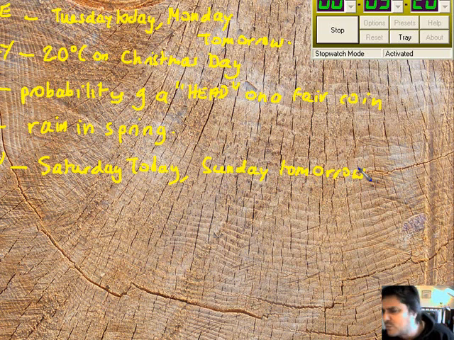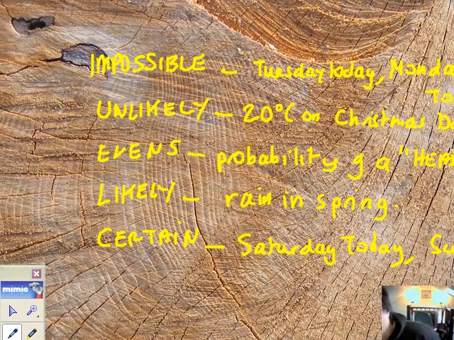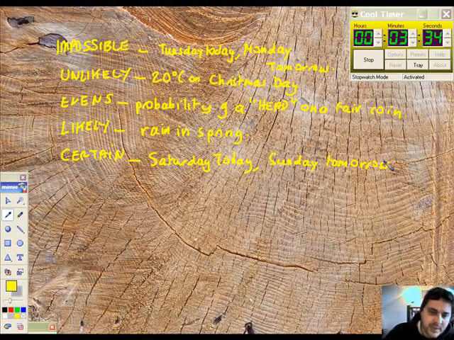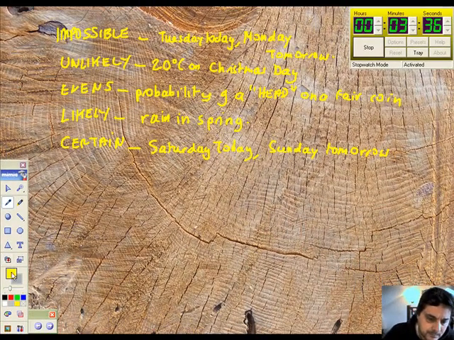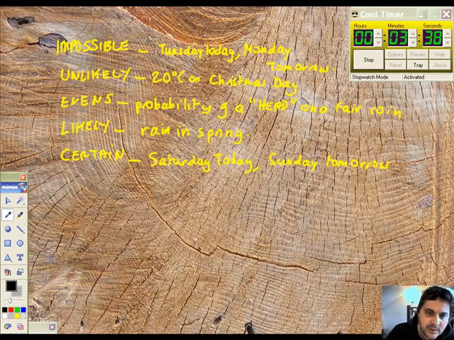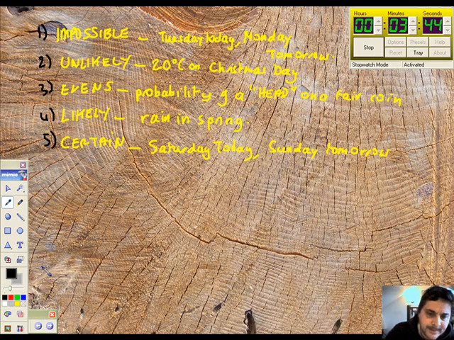So if it's Saturday today, what's the probability it should be Sunday tomorrow? It's definitely going to happen. It's certain. There's others we could use, but at this level, let's just get used to the words: impossible, unlikely, evens, likely, and certain. So let's label each one of these. 1, 2, 3, 4, 5 words for you to learn.